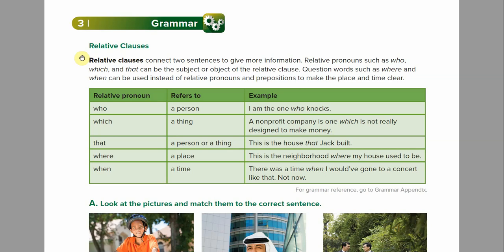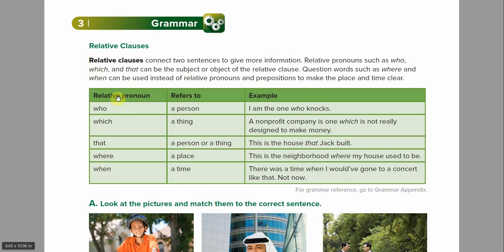Relative pronouns such as who, which, and that can be the subject or object of the relative clause. Question words such as where and when can be used instead of relative pronouns and prepositions to make the place and time clear. All right, so here are the examples.